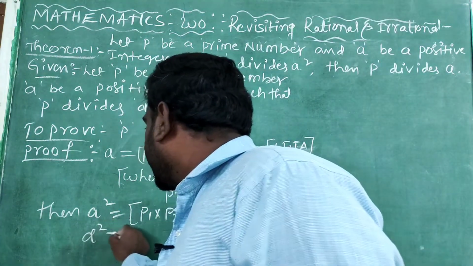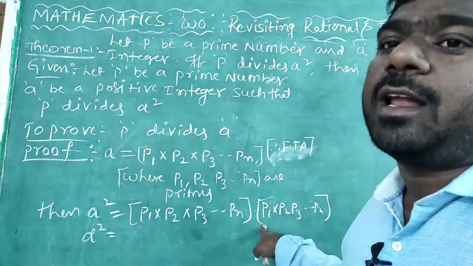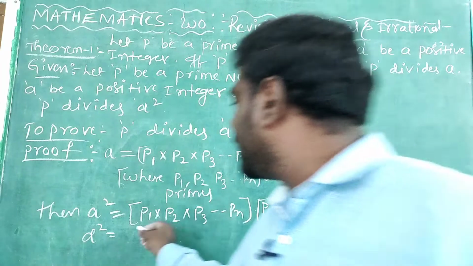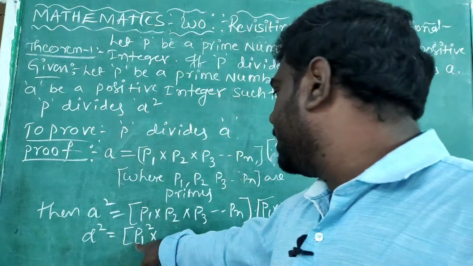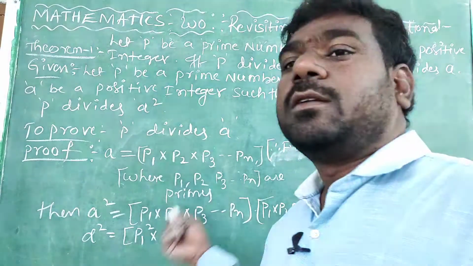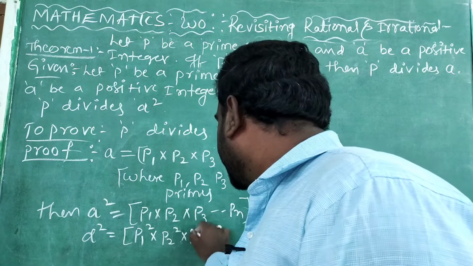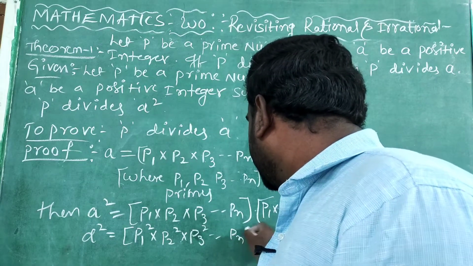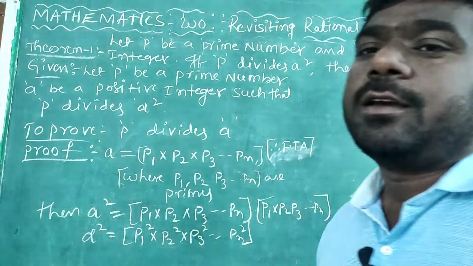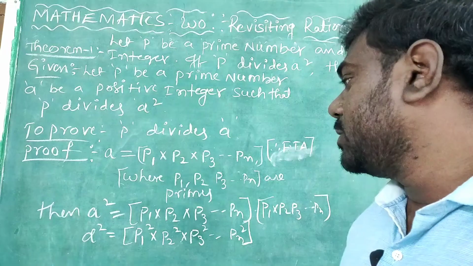A square is equal to, so same prime numbers we can multiply in the square form, right? So first prime number square, similarly second square, third square, and nth square. This is A square.